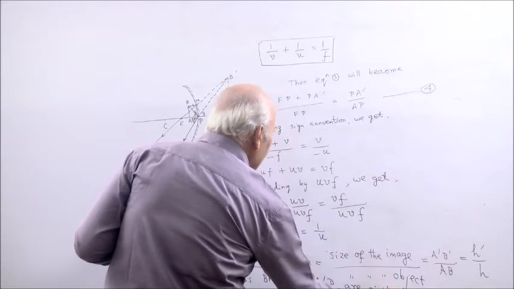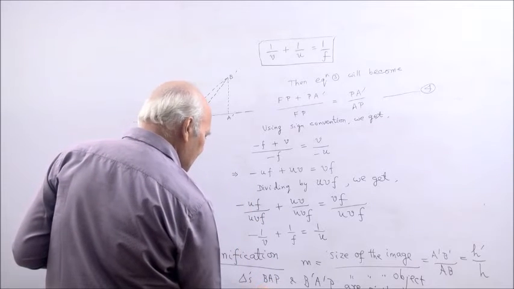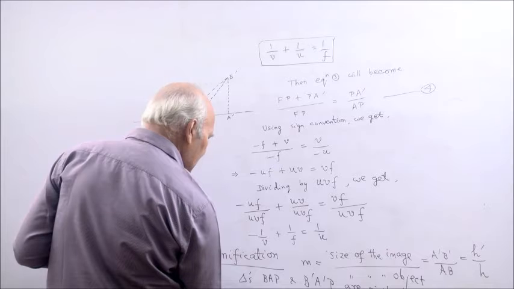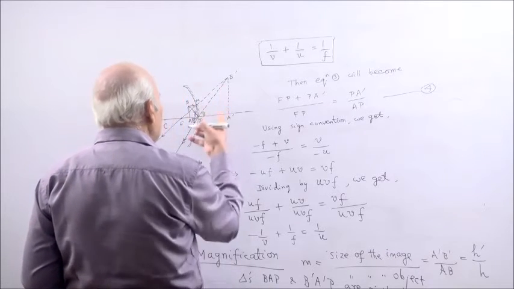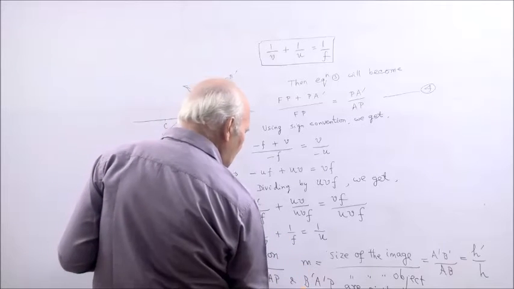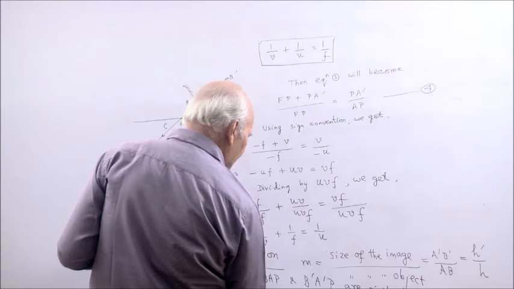We have already done it. So, B dash A dash by BA is equal to PA dash by AP.